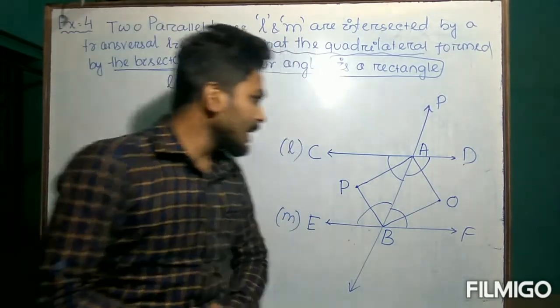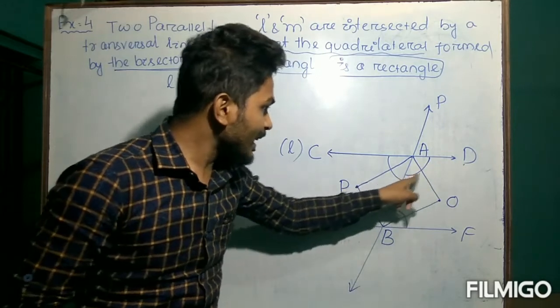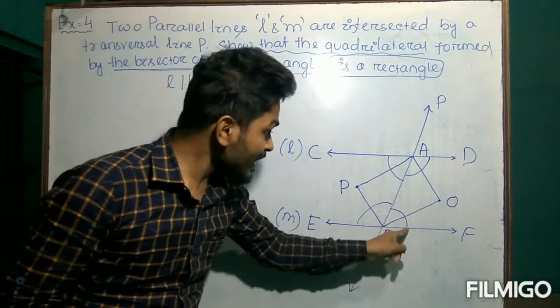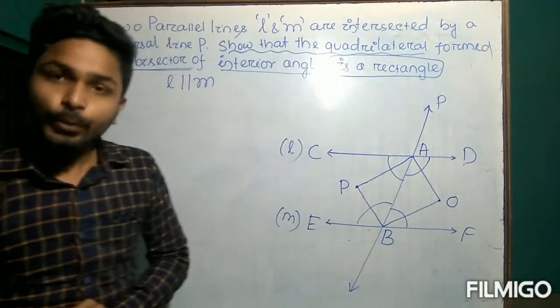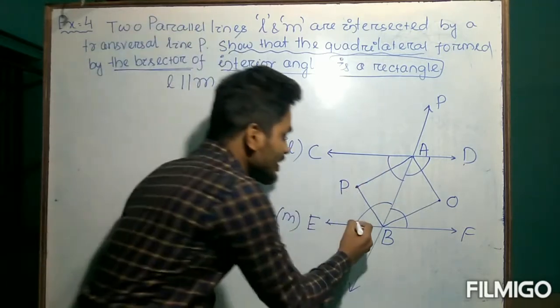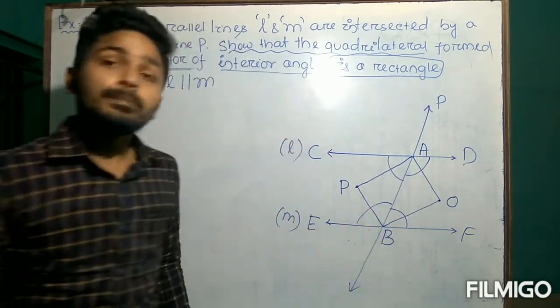Next, this angle is bisected by the line OA, this angle is bisected by the line BO, this angle is bisected by line AP, and this angle is bisected by line PB.